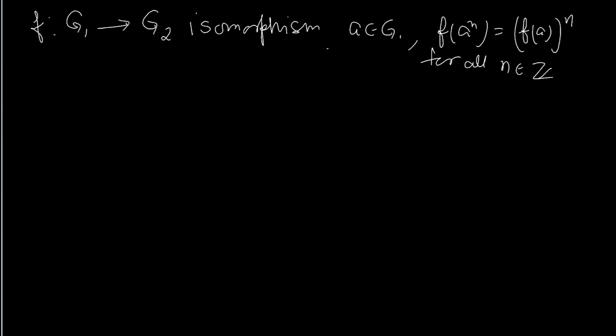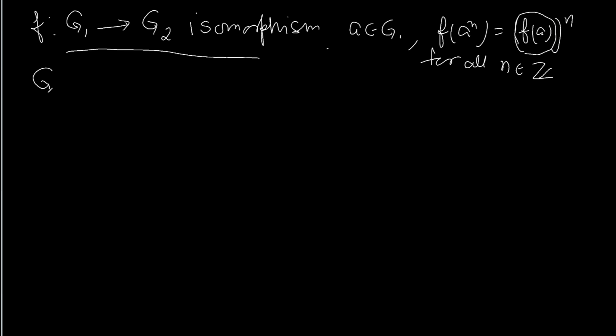All right. So we have an isomorphism, and we showed that for any a, the image of the nth power of a, or f of a to the n, is the nth power of f of a.